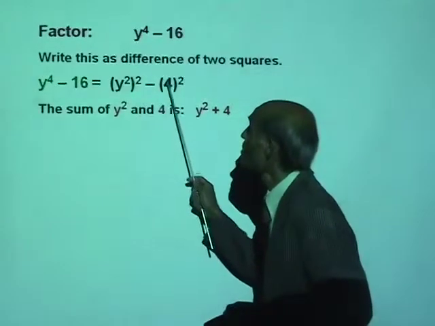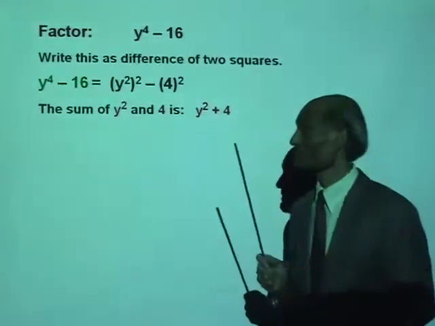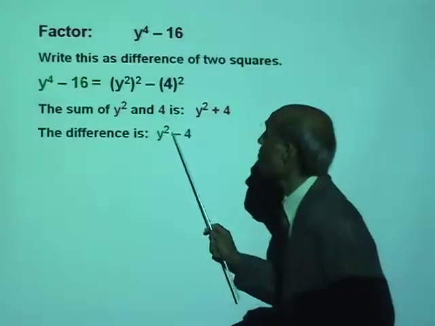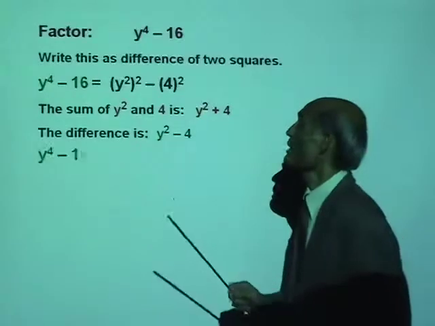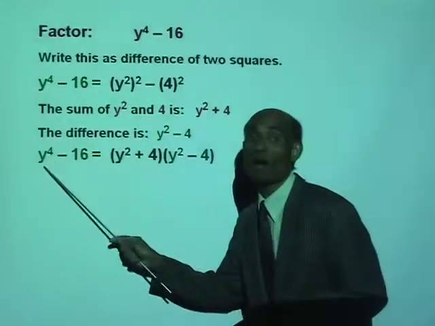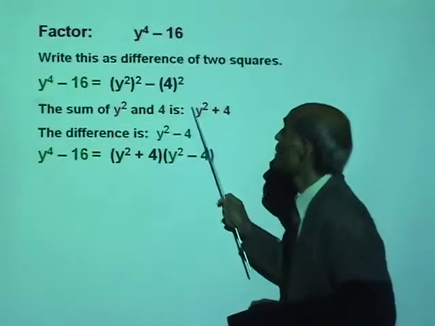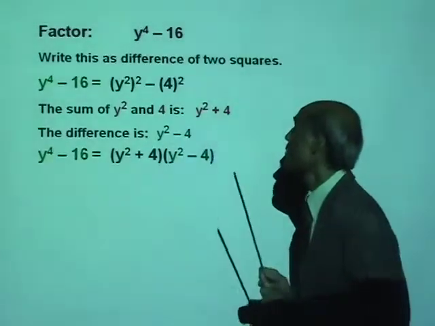The sum of these two will be y squared plus 4. And the difference of these two is y squared minus 4. Alright, so what are the factors? Y to the power of 4 minus 16 therefore can be written as y squared plus 4 times y squared minus 4.